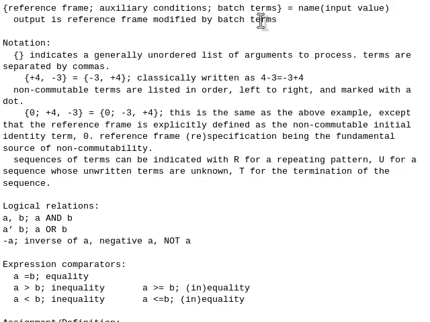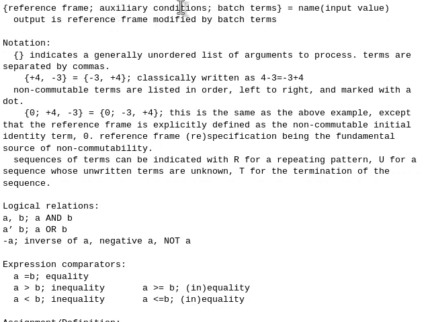So in a lot of ways this is very similar to how a C or C++ function looks. Very similar to that. And it kind of works similarly, but there's a lot of differences too. And the output is the reference frame modified by the batch terms.